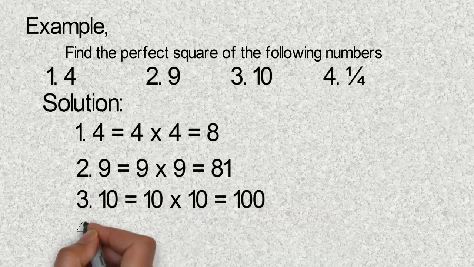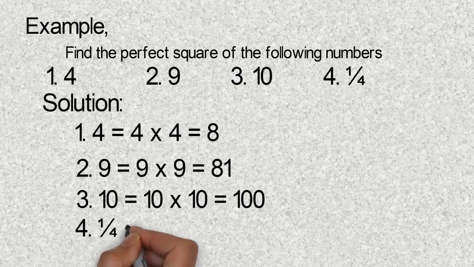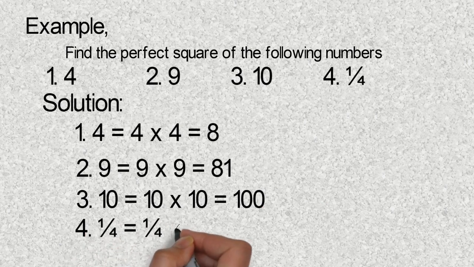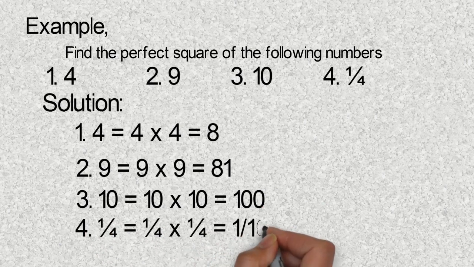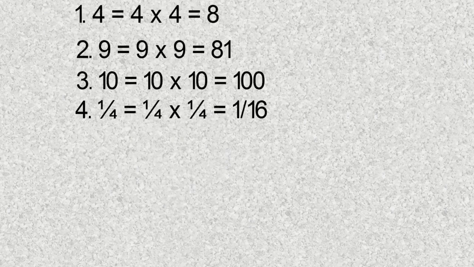And for the fourth one, 1 over 4 multiplied by 1 over 4 gives me 1 over 16. Can you see that? So 16, 81, 100, and 1 over 16 are all perfect squares.